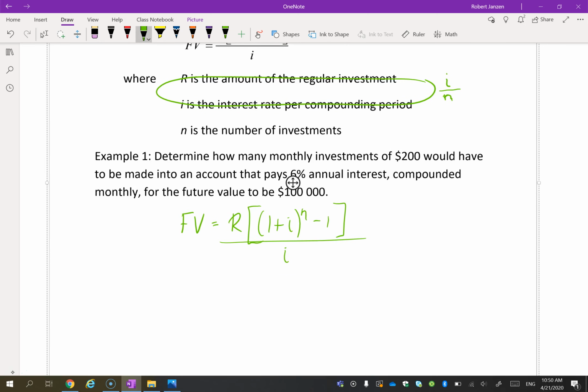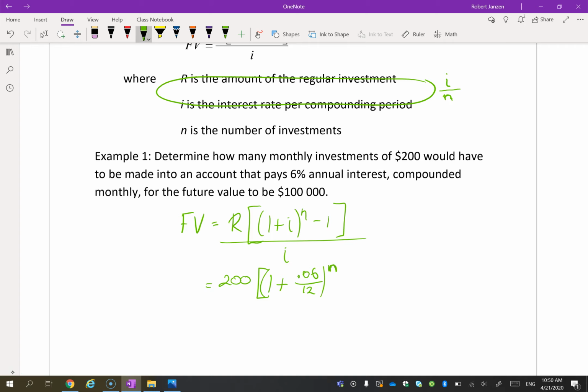Okay, so it says determine how many monthly investments of $200. $200 is the monthly regular investment. Let's put 200 there. How many would have to be made into an account that pays 6%? So don't put 0.06 here, because it's 0.06 divided by 12, because that's how many payments there are in a year. It's monthly. N is the number of investments.